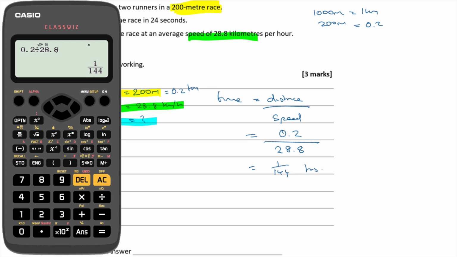Okay, I don't want it in hours, I want it in seconds, so I can compare it with Tom's time. So to convert that into seconds, I'm going to have to multiply by 60. That will tell me the number of minutes, and times another 60 to give me the number of seconds. So taking my answer and multiplying it by 60 and then by another 60, that is going to give me 25 seconds.